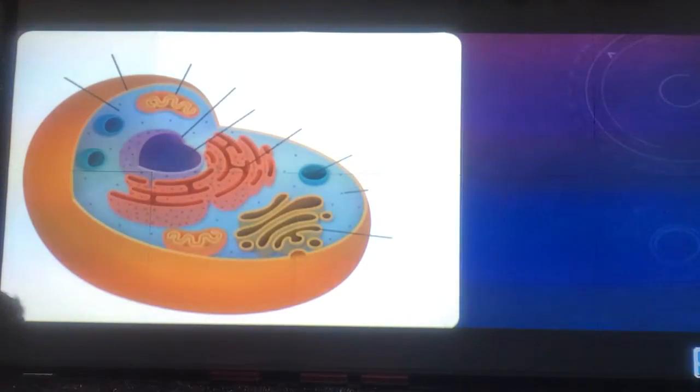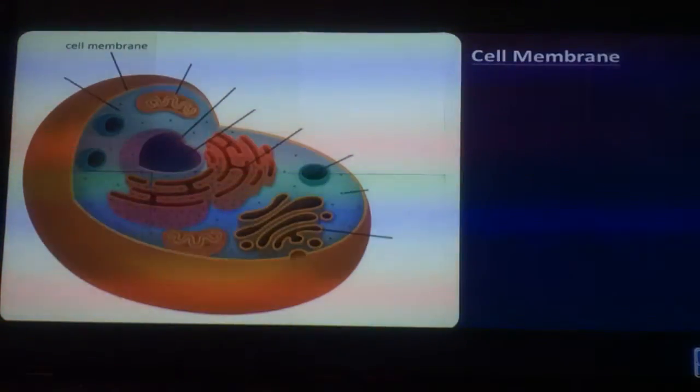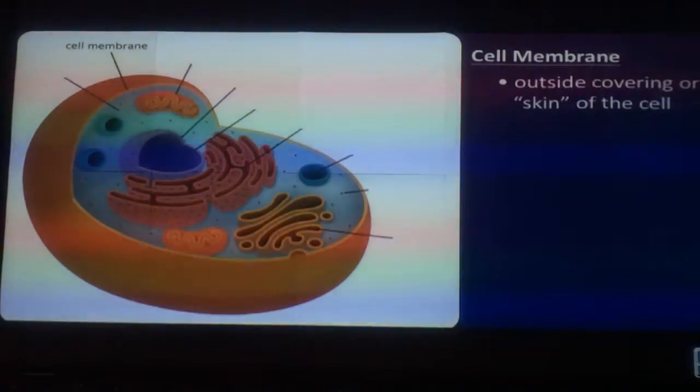Now, this is an example of an animal cell, and it kind of looks like a potato, but it's a very simplistic drawing of an animal cell. The first thing we'll talk about is the cell membrane. The cell membrane is the outside covering or the skin of the cell. And this is very important.